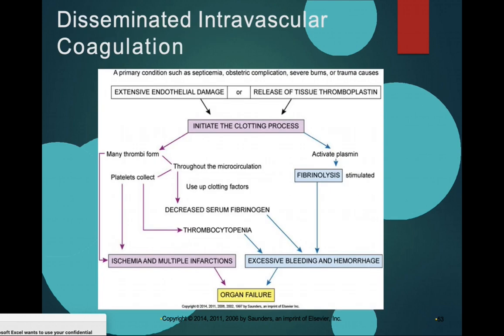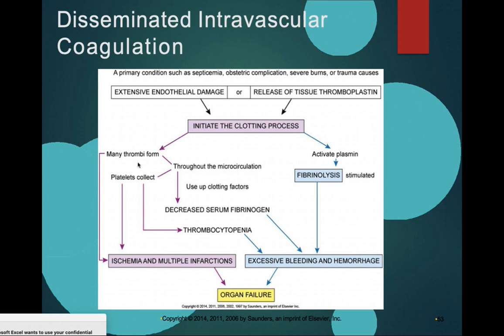So here we have a primary condition, septicemia, an obstetric complication, severe burns or trauma, and this can cause the extensive endothelial damage, which will initiate the clotting process, or the release of tissue thromboplastin, which will initiate the clotting process.